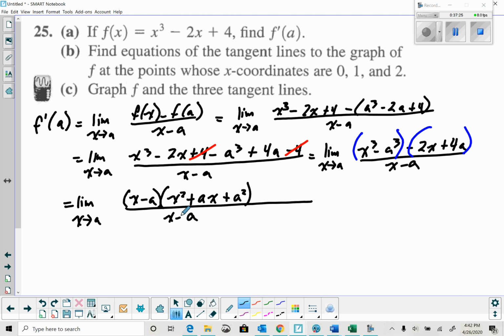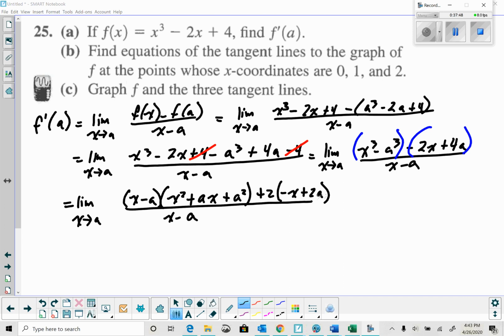All right, that's looking good here from that first set of parentheses. But now what about the second one here? Yeah, both of them have 2 as a factor, but if I factor out a 2, that'll leave me with negative x plus 2a.